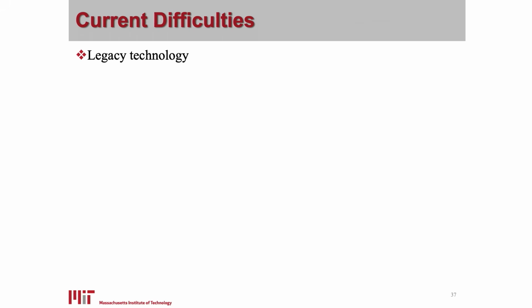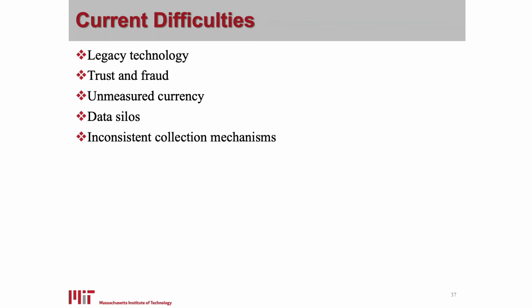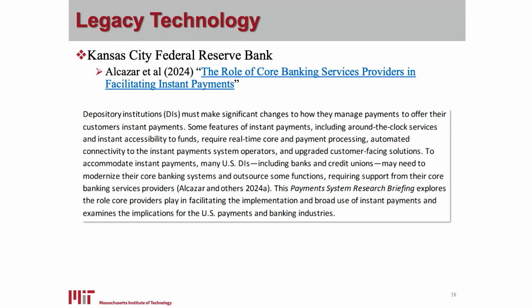So let me turn to current difficulties. In addition to what we've already said: legacy technology, trust and fraud, unmeasured currency, again, data silos, and inconsistent collection mechanisms. So legacy technology, this is from the Kansas City Fed, part of the Federal Reserve System.